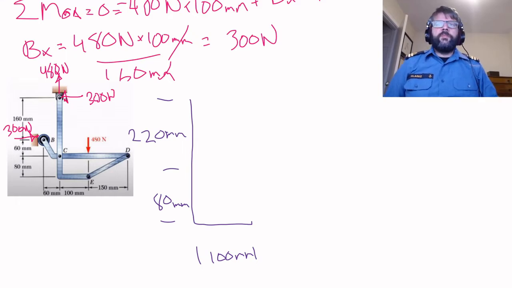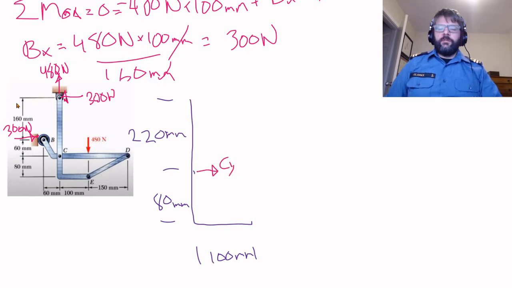What we do know is that there's going to be some sort of reaction force at C. I'm going to have a CX, and I'm going to have a CY.